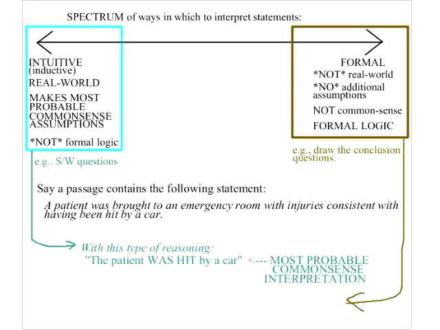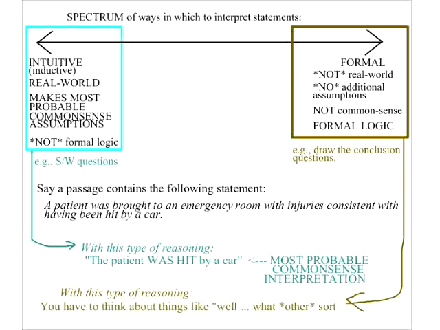If you see this in a conclusion type question with this type of reasoning, then you would have to think about things like, what other sort of thing may have produced such injuries?